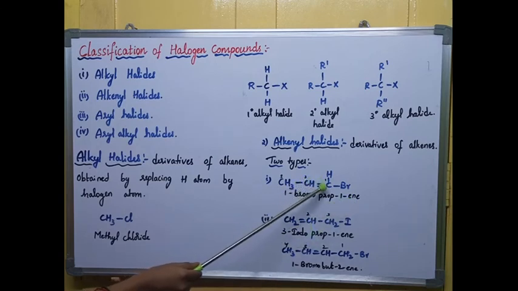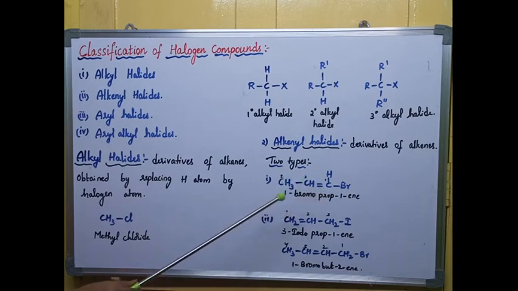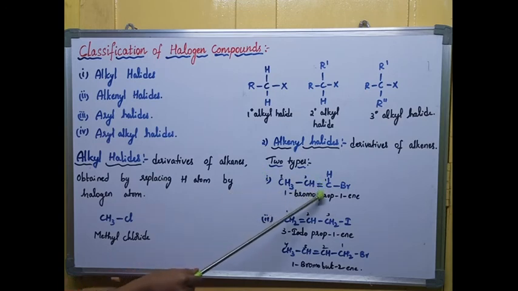If I start the numbering from this side, 1, 2, 3. When you are giving numbering, you should give the numbering from the double bond side. So 1, 2, 3. To this first carbon, bromine is attached, so 1-bromo-prop-1-ene. To the first carbon, the double bond is attached, so 1-ene. Actually, these alkenyl halides are of 2 types.